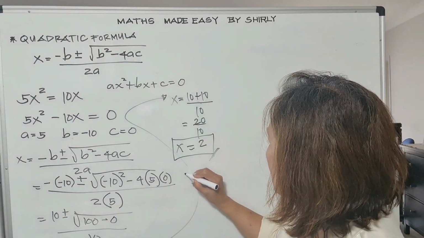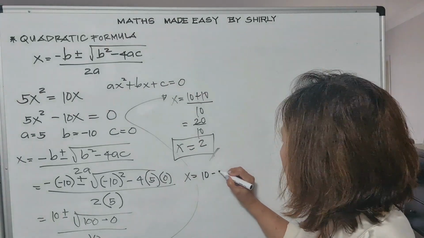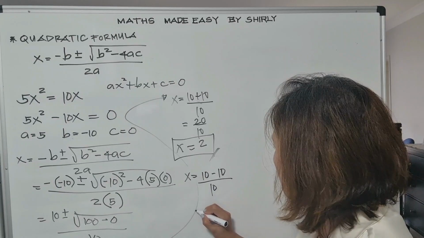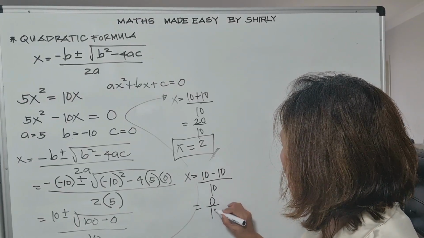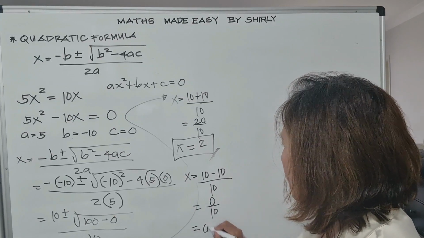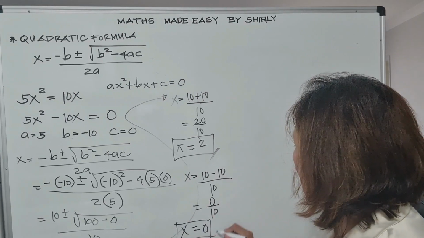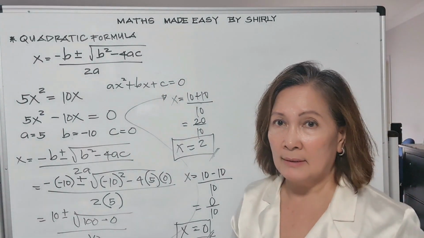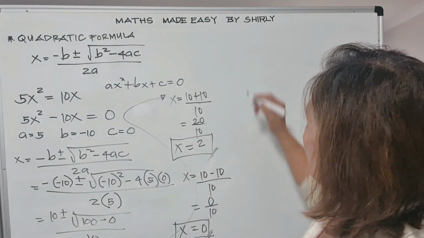So let's have x equals 10 minus 10 all over 10. 10 minus 10 is 0, divided by 10. 0 divided by 10 is 0. So x here is equal to 0. Any number, 0 divided by any number is equal to 0. Okay, let's proceed to checking.